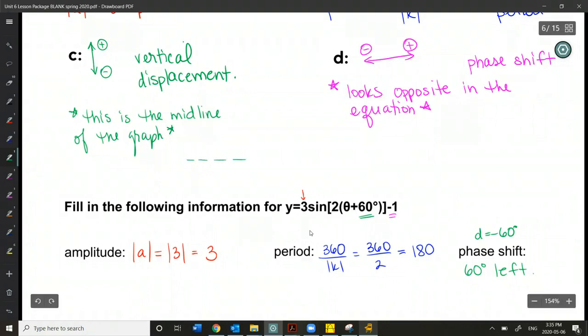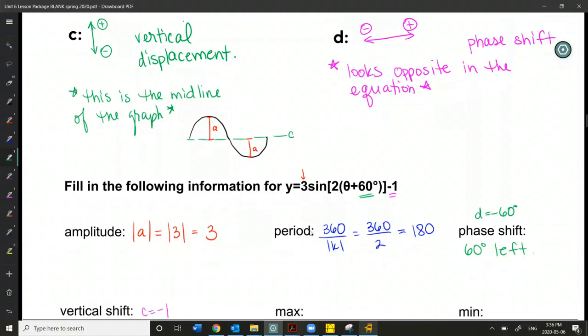So if I have my wave function, it will go up and down equal distances from that line. So I'll actually measure the amplitude from that center line to the maximum and from the center line to the minimum. And that center line will be C.